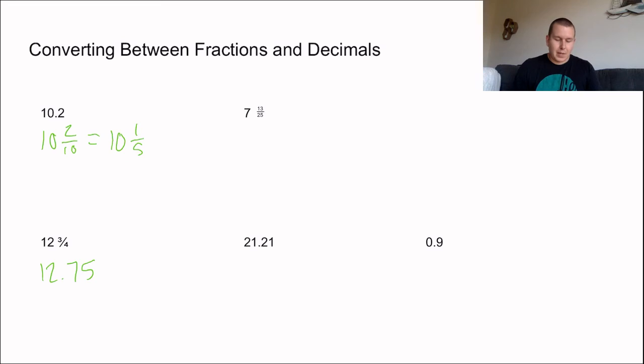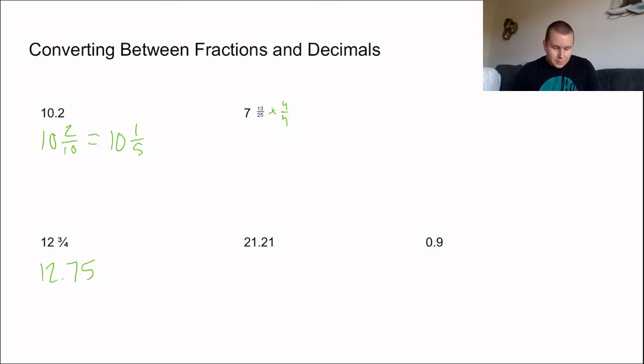Now, this fraction, we have 7 and 13/25. 13/25 isn't really a place value. There's no 25ths place. However, one thing that I notice is I could change 25 into 100. 4 times 25 equals 100. And I could do the same thing at the top. So if I'm going to multiply by 4 on the bottom, I've got to multiply by 4 on the top.